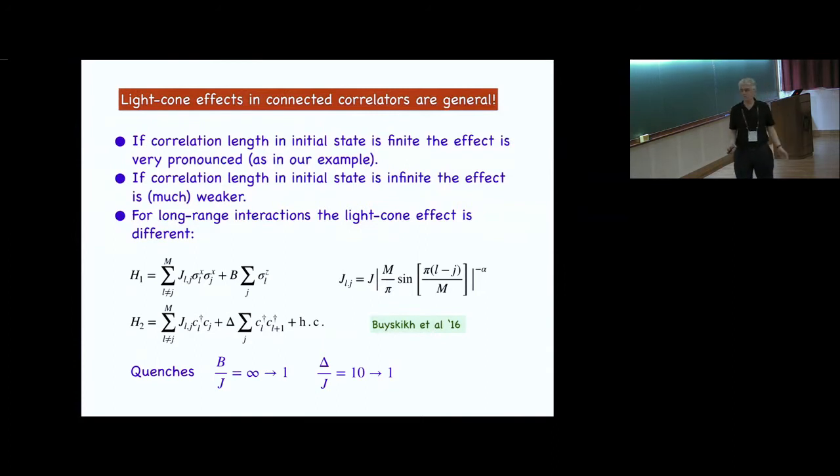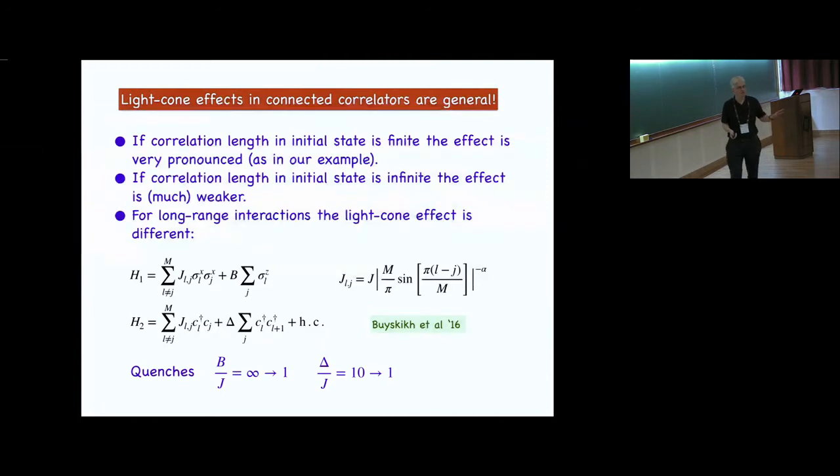Now, the quenches we considered were very simple. In this long-range transverse field Ising model, we start in the ground state for B equals infinity. Yeah? So where basically all spins point along the z direction, the ferromagnetic state. And then we time evolve with this Hamiltonian when B is equal to 1.